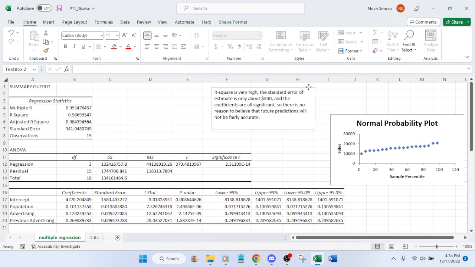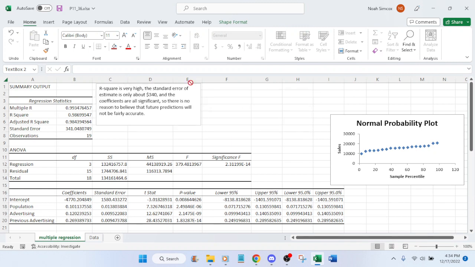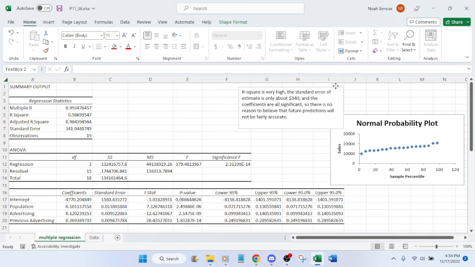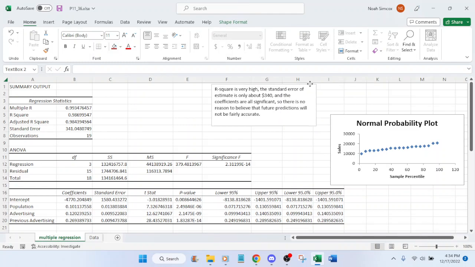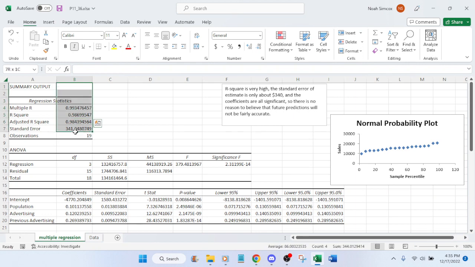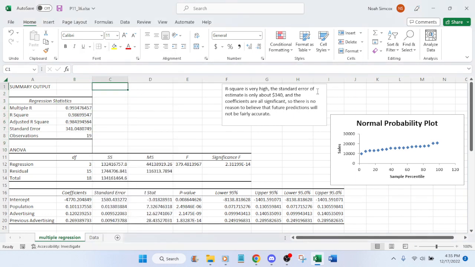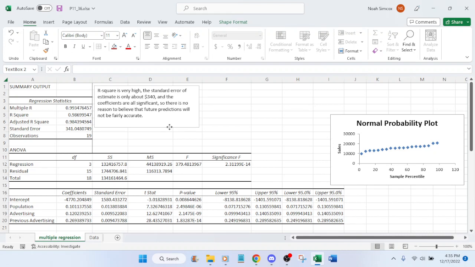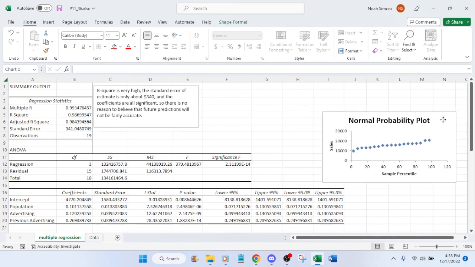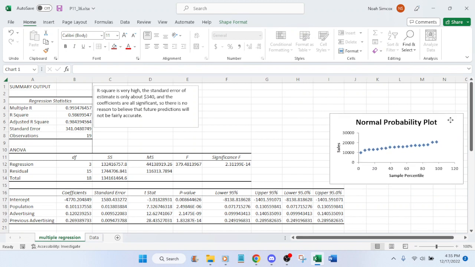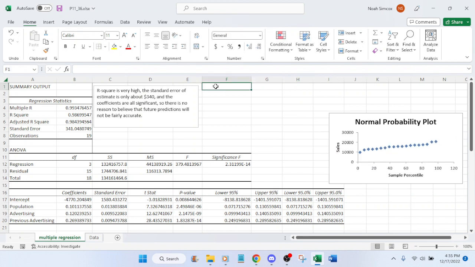Or here. We'll just do this, and then we can fit it over here. Or we could do it here instead. Should fit here, right?